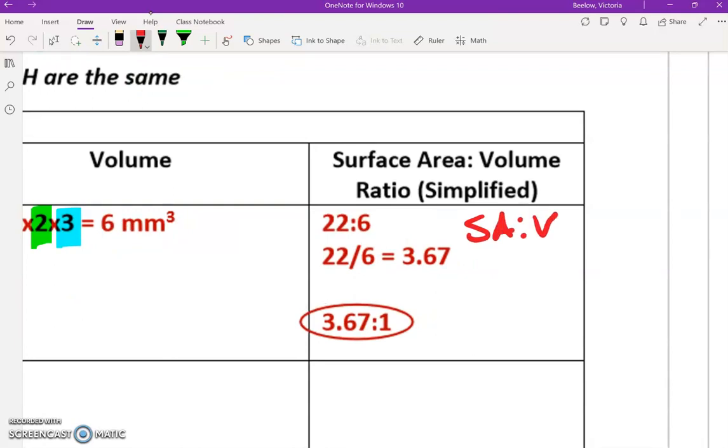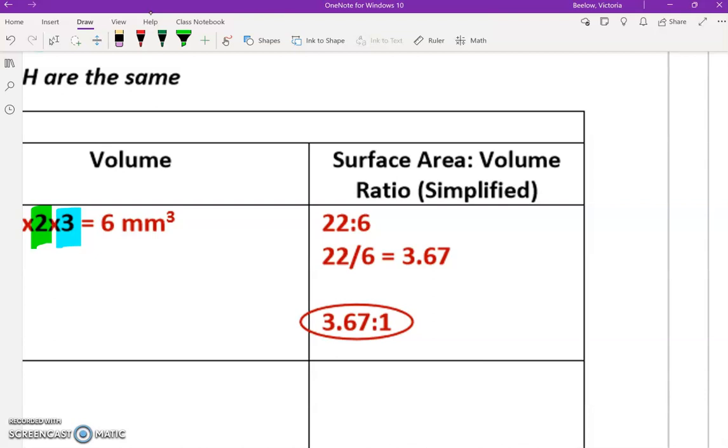So again, we got our surface area, which was 22, and then we got our volume, which was 6. So it'd be 22 to 6. Now to simplify that, we're going to do 22 divided by 6, which is 3.67, and then for our final answer, we would write 3.67 to 1.